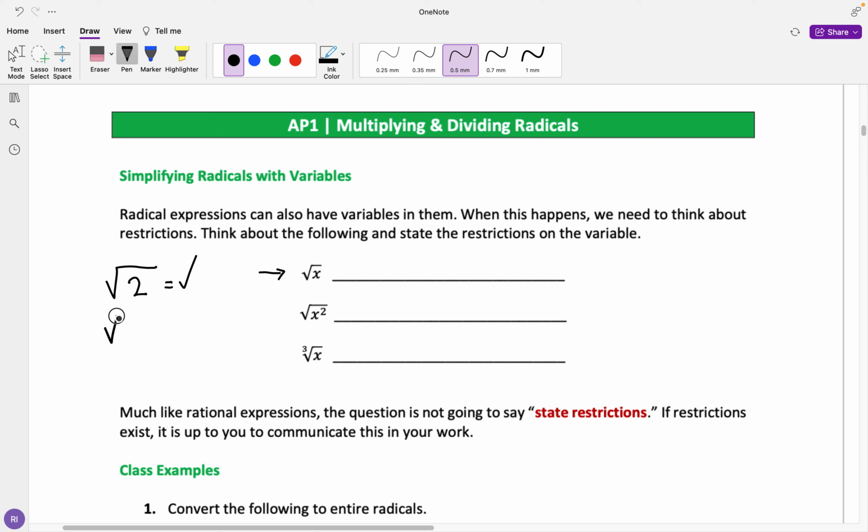But if you're trying to do a square root on something like negative 2, then you couldn't do that. So when we're talking about restrictions here, we're saying what are the possible values that could go inside of the radical. In this first scenario, we would state it as x is an element of the real numbers.